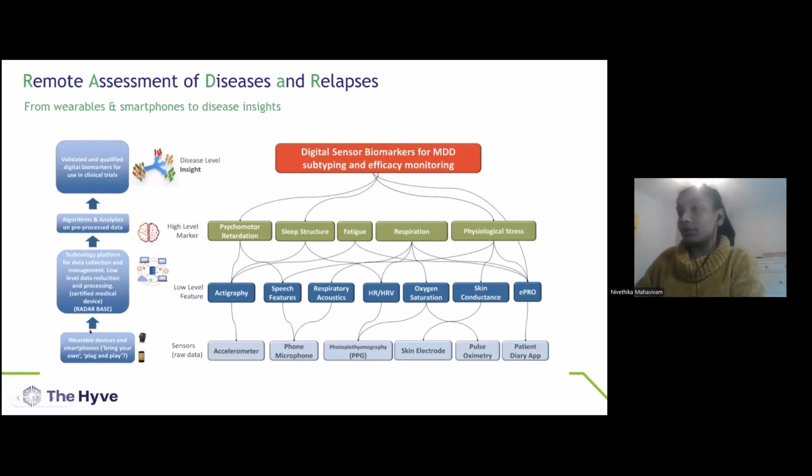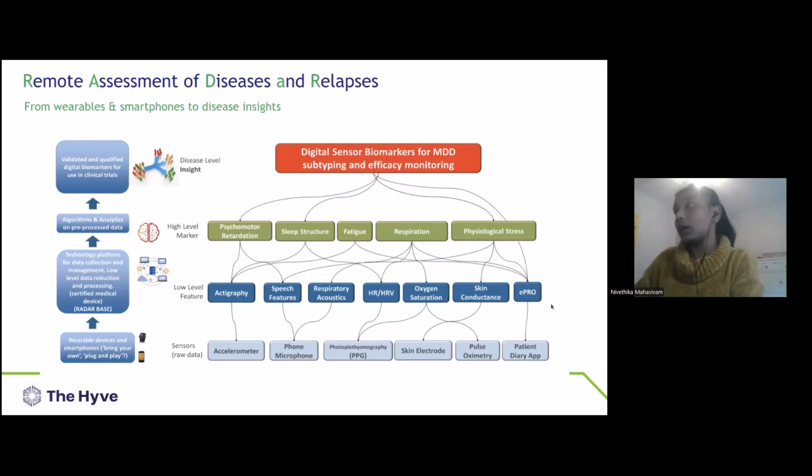And then you have studies and data collections done, and in that, you have a low-level data capture and management. So that's when you will know, okay, this is actigraphy and some speech features and heart rate and heart rate variability, etc.